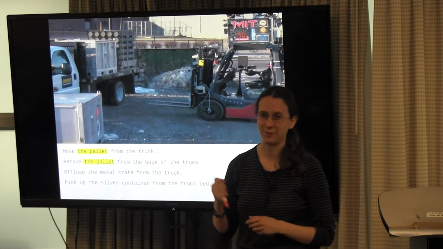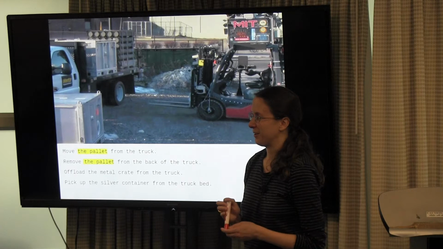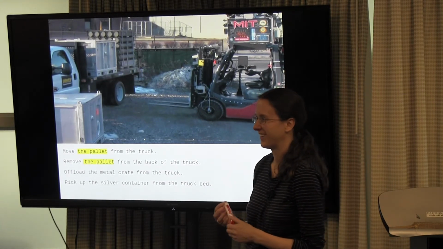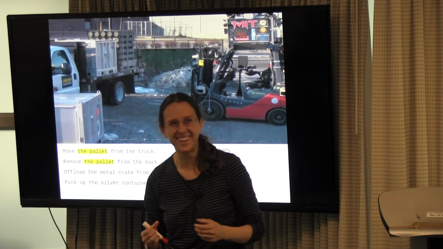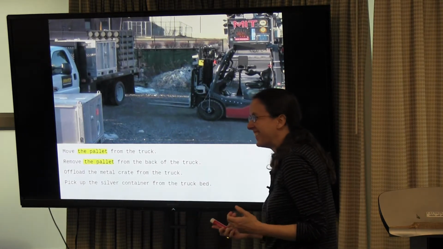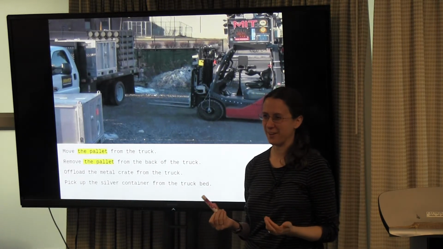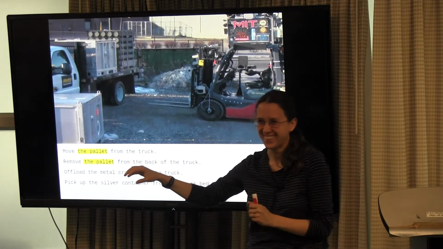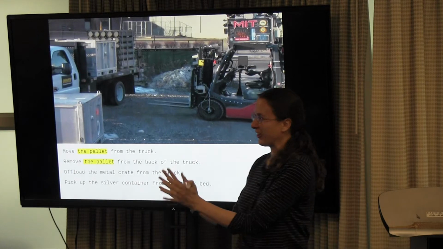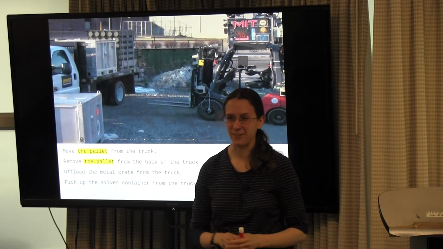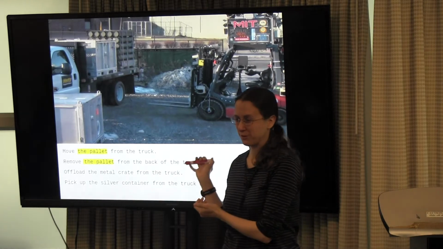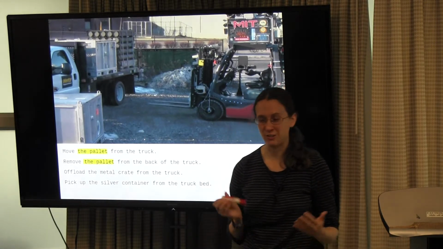One of my annotators, one of my Turkers, said in our test set from before, pick up the lonely pallet. You look at the scene and there's a pallet all by itself. It is lonely, and it's obvious which one they're talking about. It was very accurate. But for our robot, that was the only person who chose to use the word lonely, and it was just not in our training data.